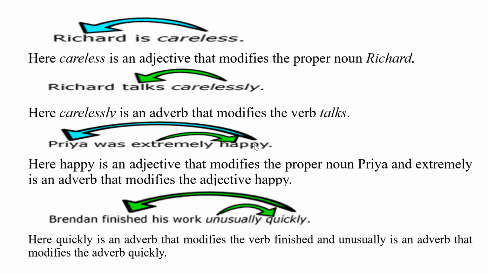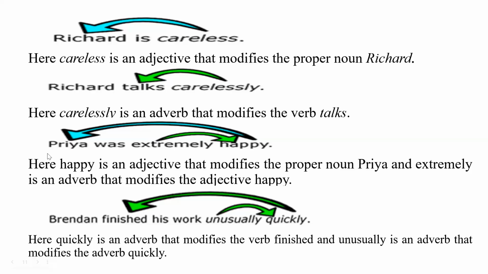You see, happy here is an adjective, and look at the arrow. The arrow is pointing from the adjective happy to the noun Priya. But if you look at extremely here, extremely is an adverb, and the arrow is pointing from extremely to the adjective happy. So adjective modifies noun, adverb modifies adjective.